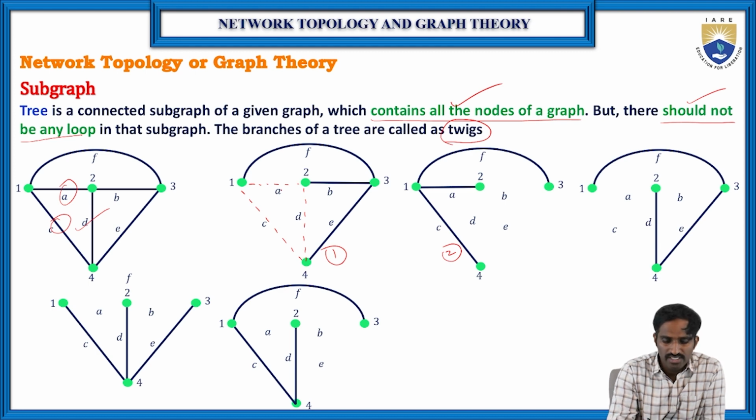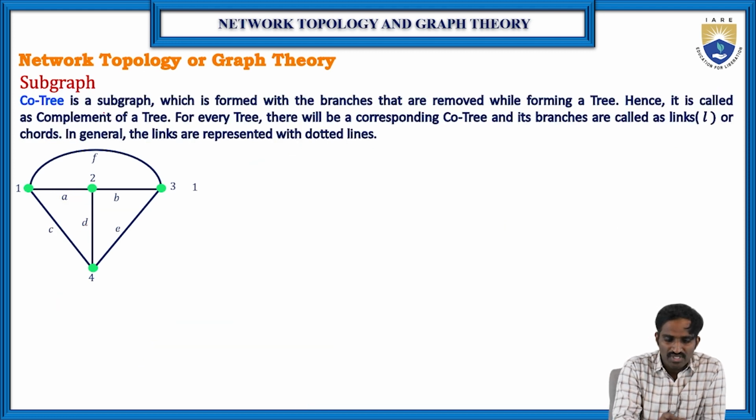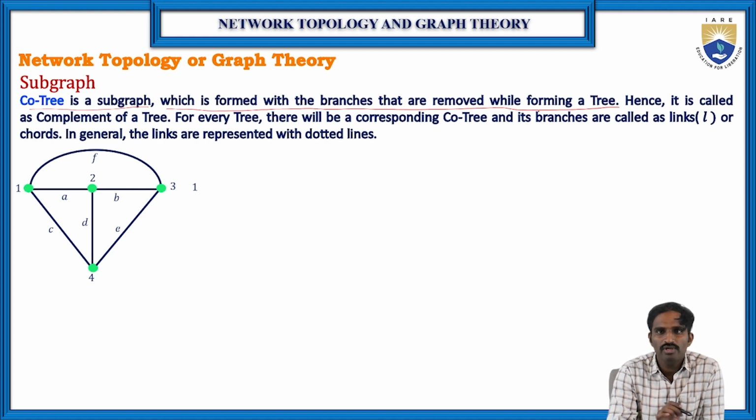These A, C, D branches were removed to form tree 1. So according to this definition, a co-tree is a subgraph formed with the branches that are removed while forming the tree.